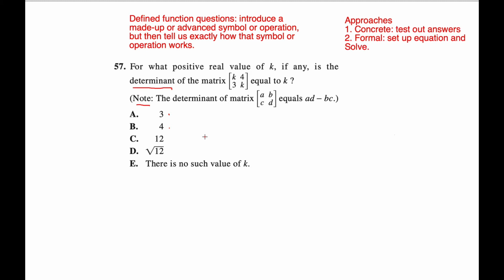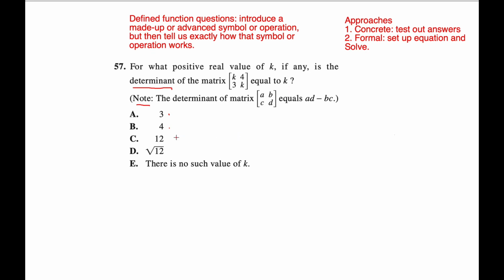With the approach of testing answers, I like to start out with a middle number and adjust accordingly from there. So we'll start out with 12 here, and basically we're going to just assume that 12 is the correct answer, and we're going to plug it back into the question and see if it checks out. So the question again was asking us for what value of k is the determinant of this matrix equal to that same value of k.